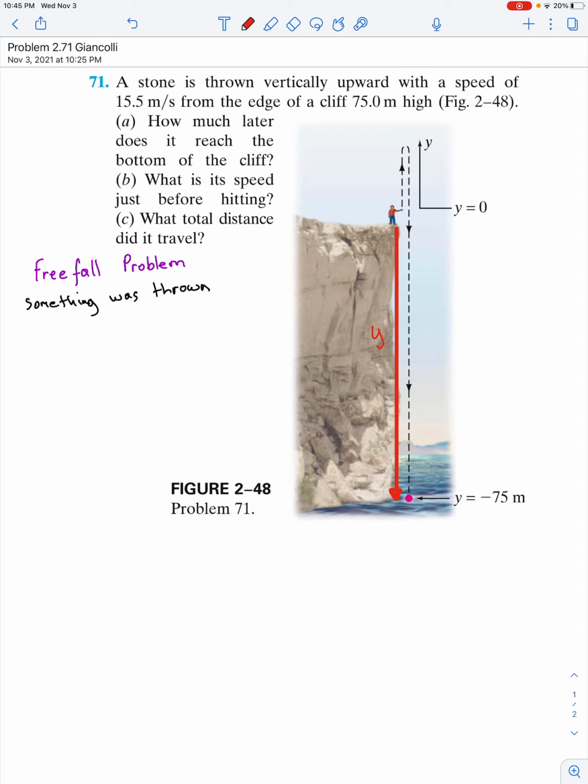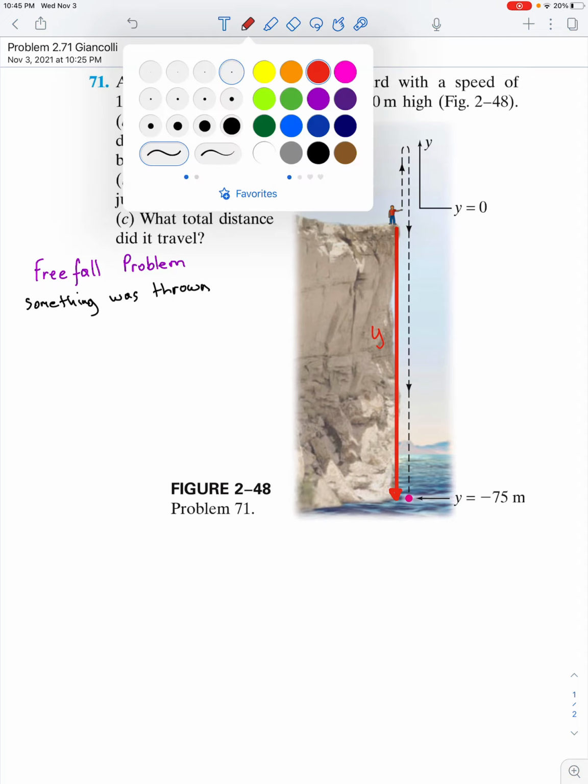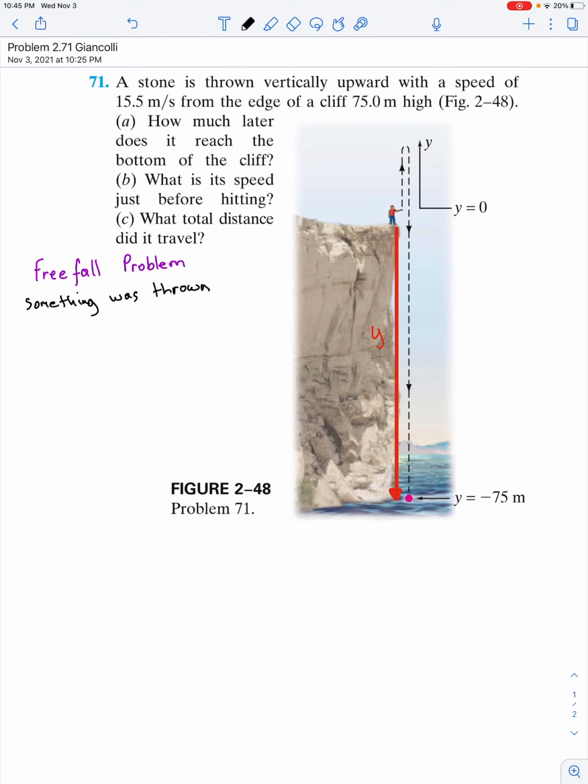So that's my y. The second thing I want to make sure that I write down is that my acceleration here is equal to g. Okay? And my acceleration is downwards all the time, if you can't remember, because that's my acceleration due to free fall. So I write it there just to remind me, or I could just put it here automatically. a is equal to 9.81 meters per second squared.